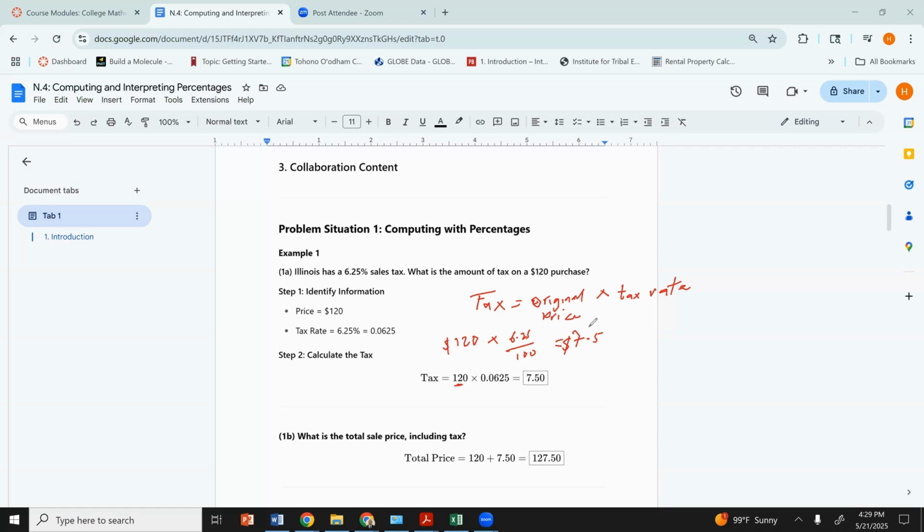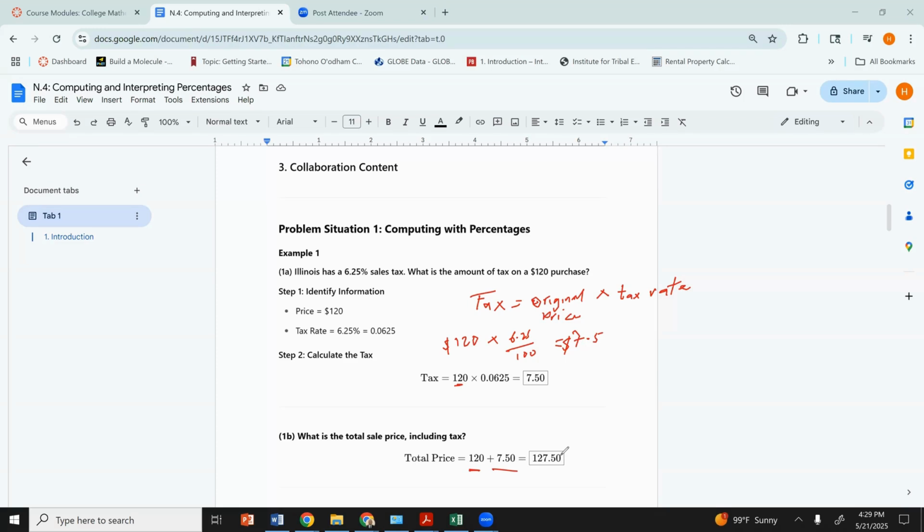Okay. So the follow-up question is, what is the total price including tax? Well, that's just going to be the original price of 120 plus the tax. So now we have 127.5, which is the total price, including the taxes and everything.